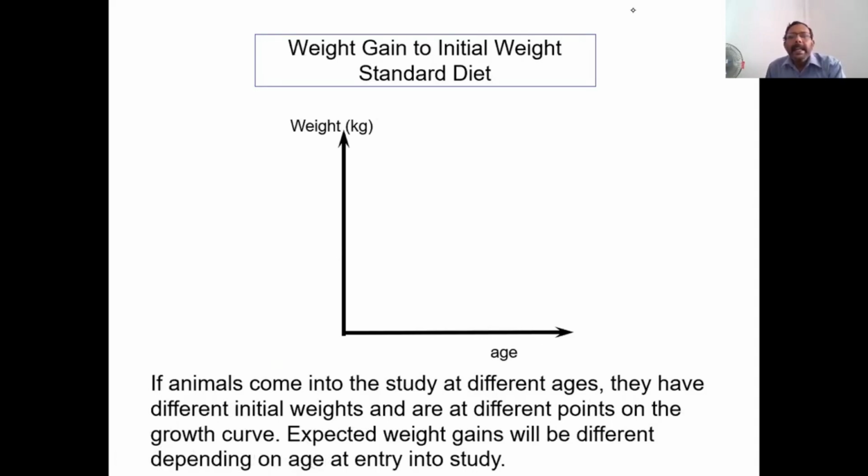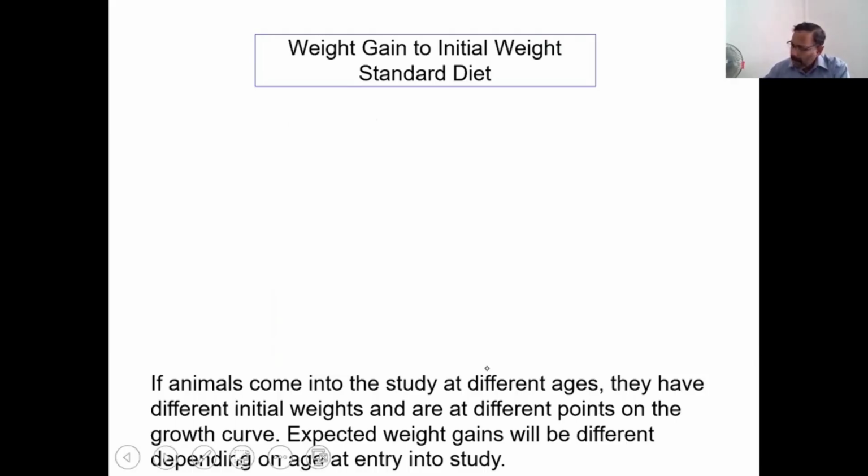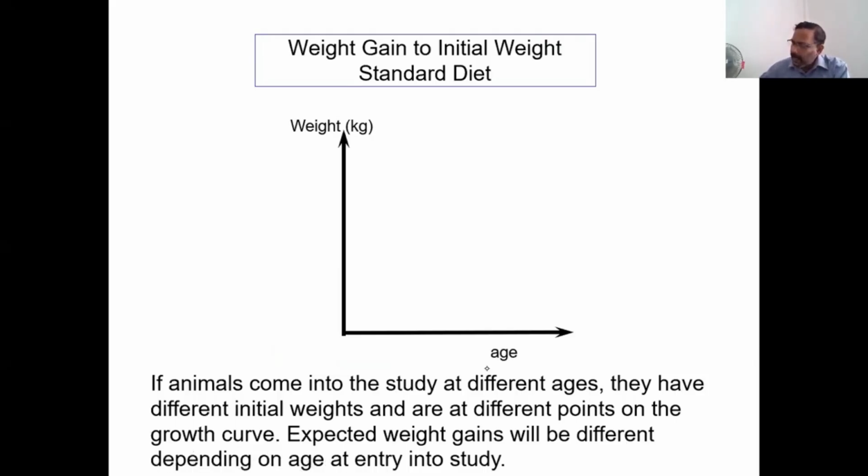Right, weight gain to initial weight on a standard diet. In a standard diet, what is normally happening with the age? What do you think? With the age, we are talking about the standard diet. Now for the explanation, weight gain to initial weight, standard diet.